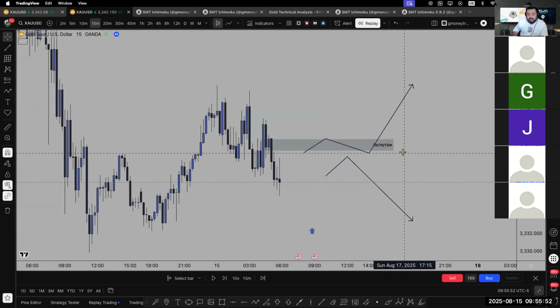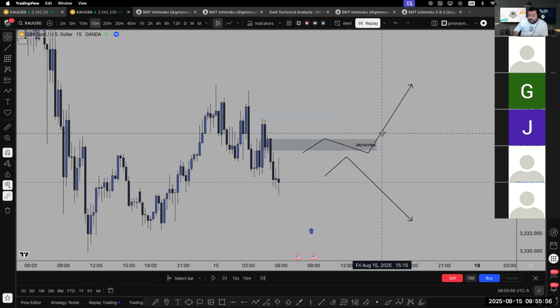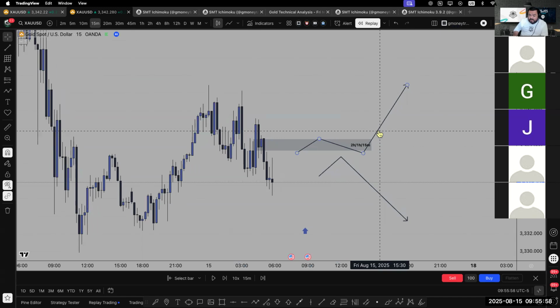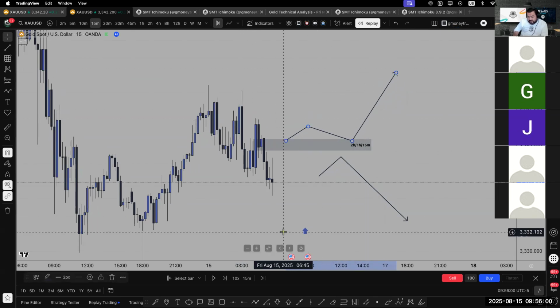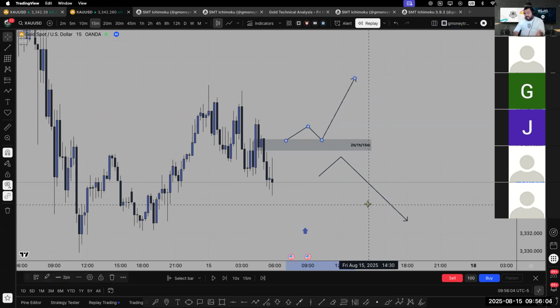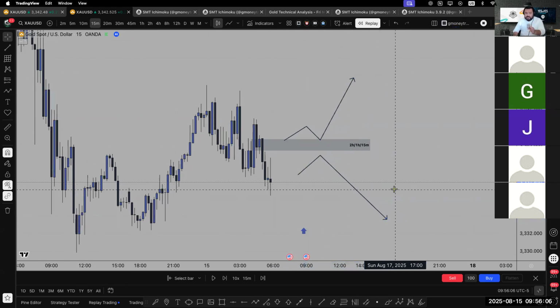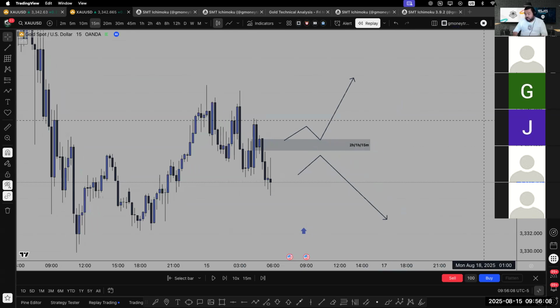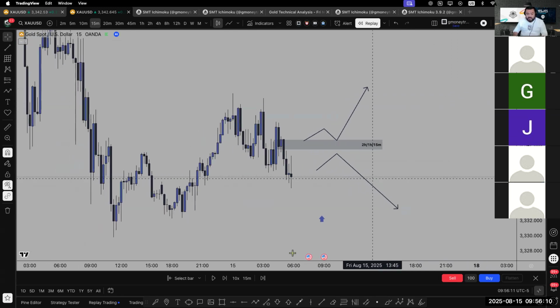Perfect. So this area is supposed to be an equilibrium zone to sell because the control was down. But again, this means nothing if we don't have a target.